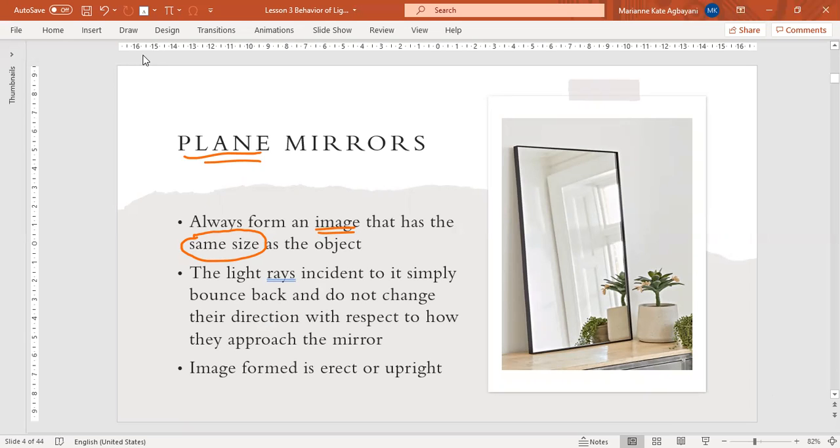For example, we have here our light ray, then it will just bounce back and will not change direction. The image formed is erect or upright. If you look here, we have the plant. The image formed is also erect and upright, the same as what is seen.